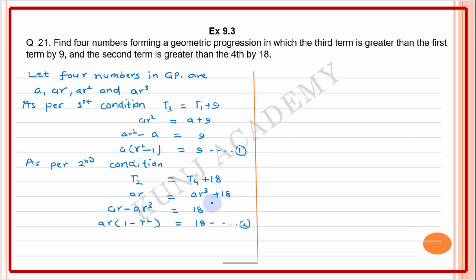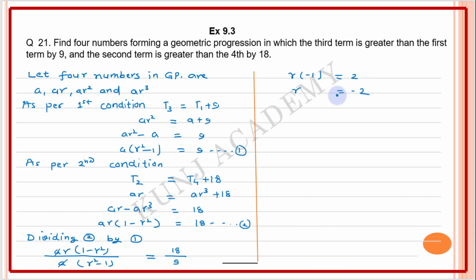Divide 2 by 1. ar(1 minus r square) upon a(r square minus 1) is equal to 18 upon 9. a cancels, it will be minus r, equal to 2, or r is equal to minus 2.